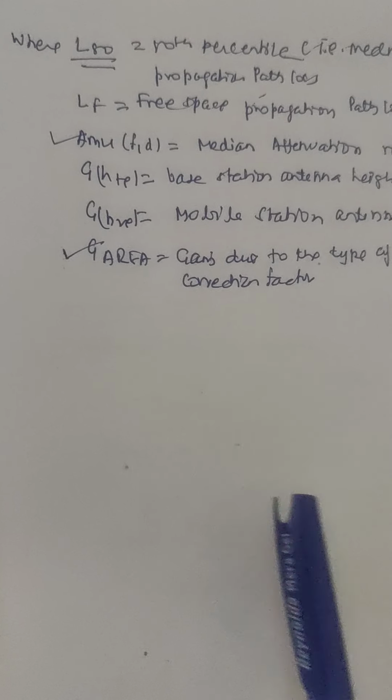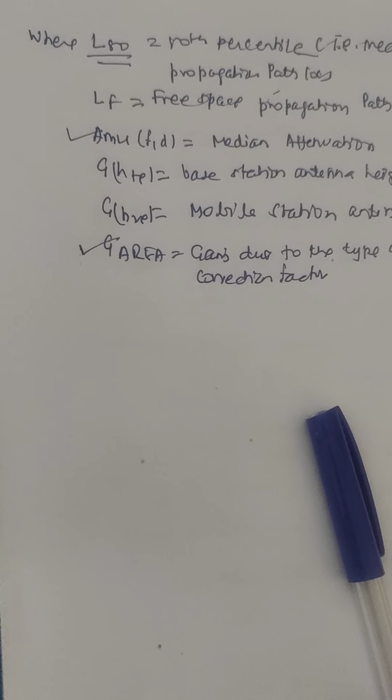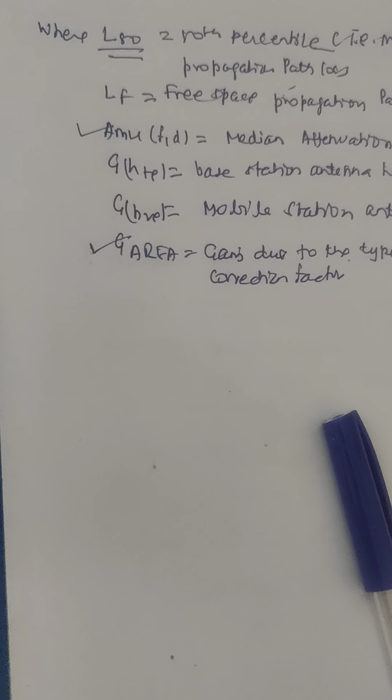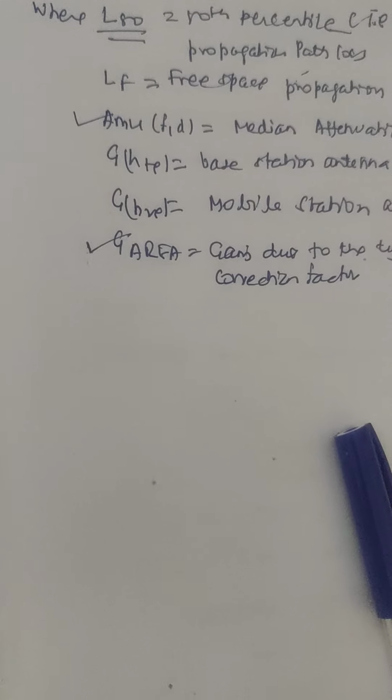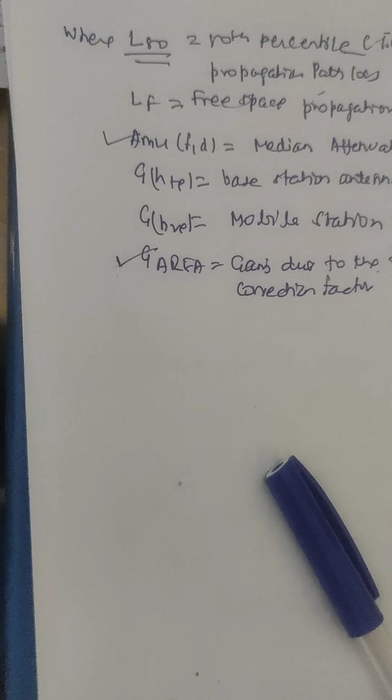The values AMU and G area are directly taken with the help of this Okumura graph, and the other values we calculate.